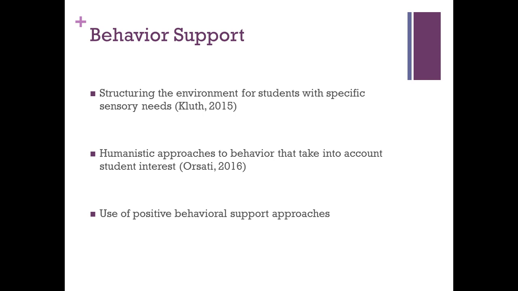She provides some really nice examples in terms of sounds and lighting that one may want to try in order to structure the environment. Using humanistic approaches to behavior that take into account student interest, that take into account student wants and needs. And then also the use of positive behavioral support approaches.